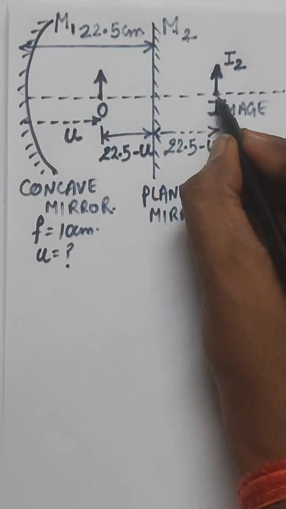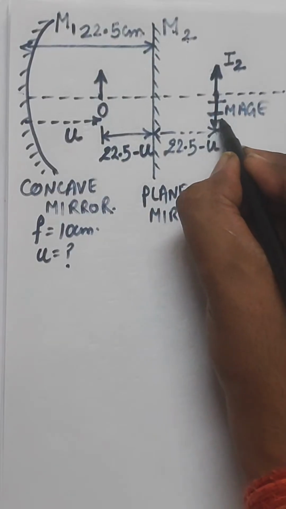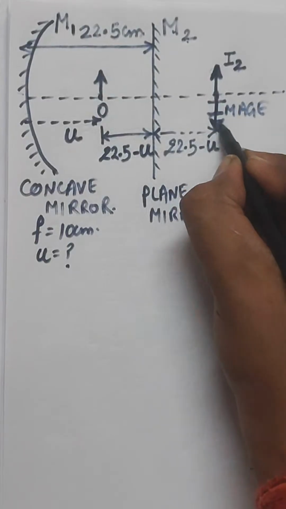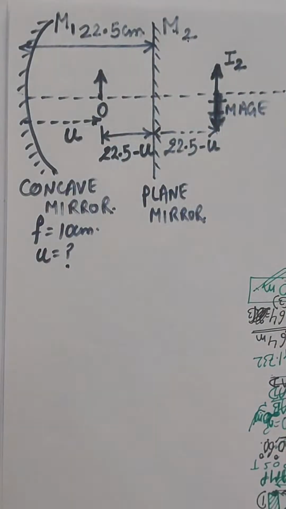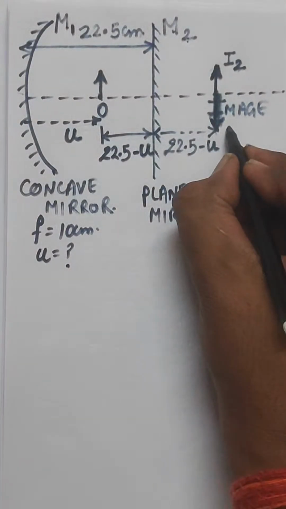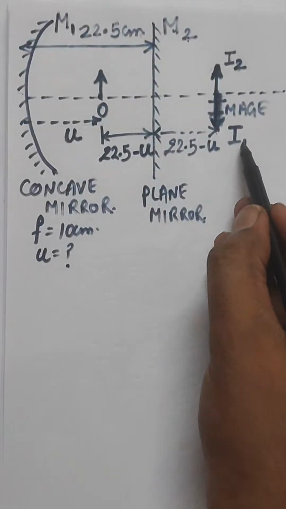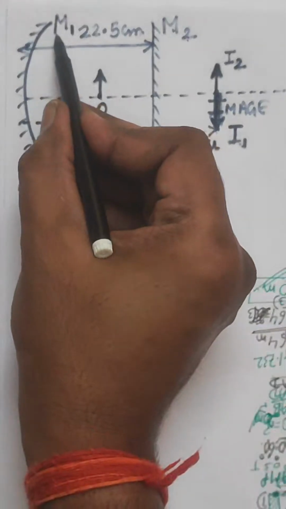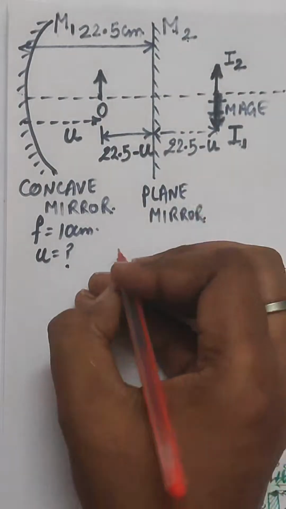So let's say this is the position of the inverted image, and the position of the inverted image is this one, I1. Why mention I1? This inverted image is formed by M1, right? So I am marking it.